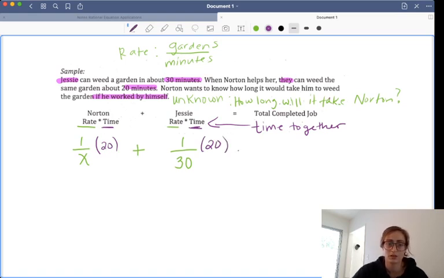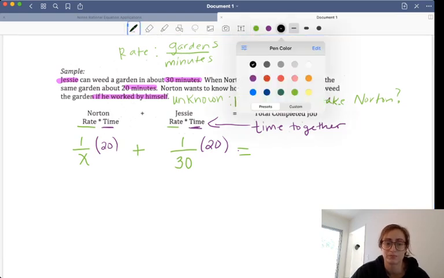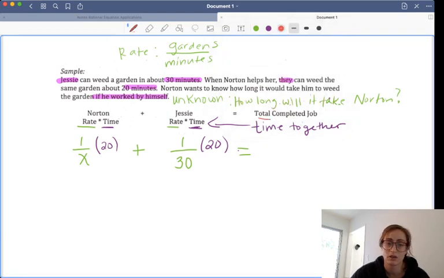Okay. And then that equals, because we have to have an equation, we're solving for a variable, the total completed job. So this one is always going to be 1.